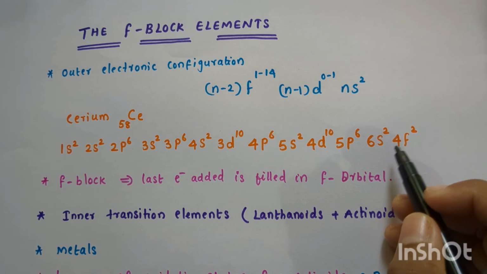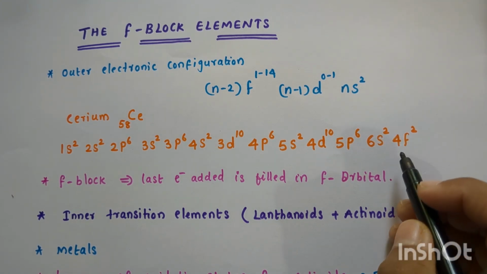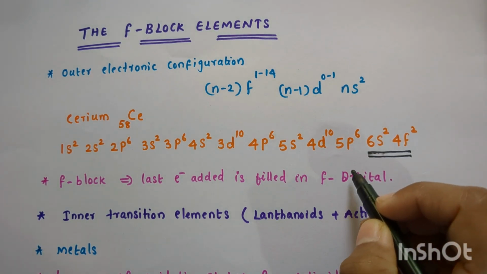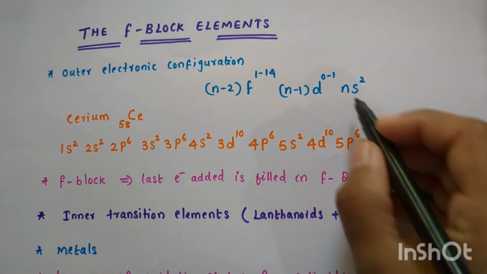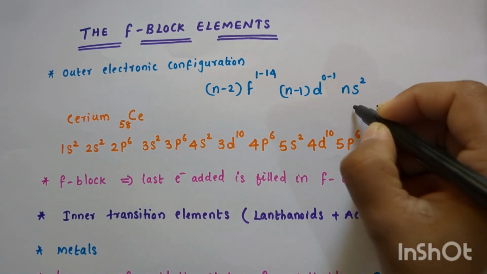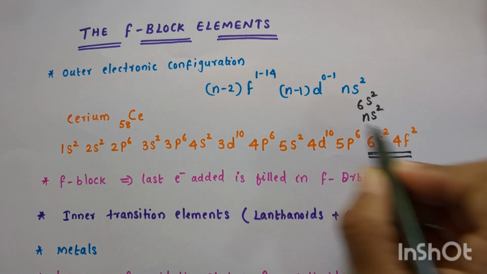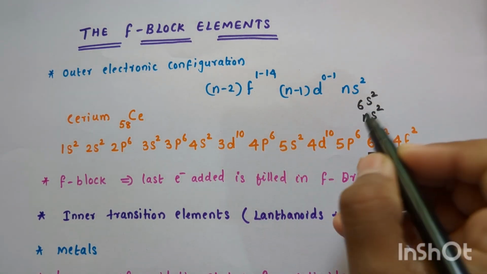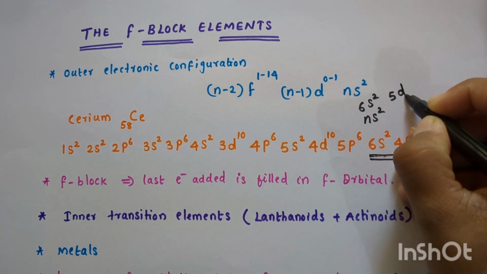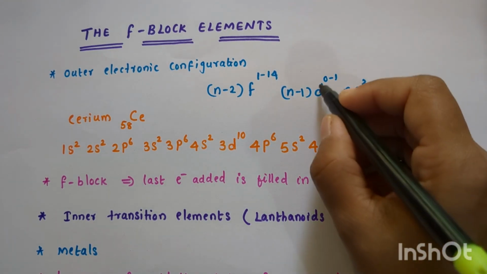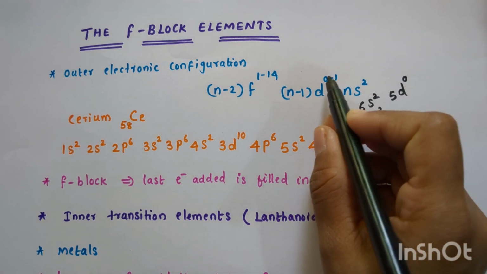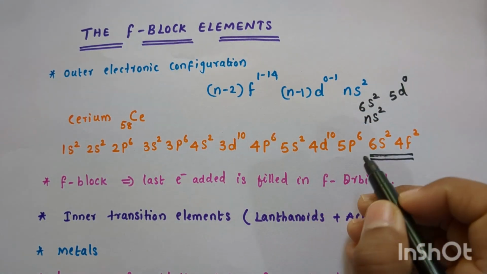When you look at the outer electronic configuration, it is 6s2 4f2. So 6s2 is ns2. Then (n-1)d^0-1: n-1 means 6 minus 1, which is 5. 5d is not here, so it is 5d0, because d can have value 0 as well as 1 in this configuration.